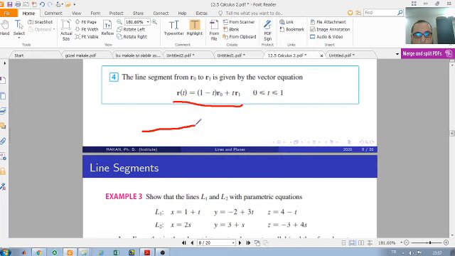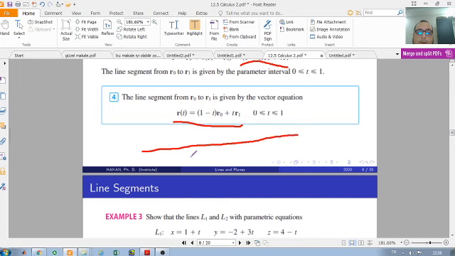Namely, if you want to find a representation or an equation for the line segment on a line in three-dimensional coordinate system, you know already a point r0 is the position vector of the point P0, and if you want to find an equation from P0 to P1, let's say (x1, y1, z1), and its position vector is r1.